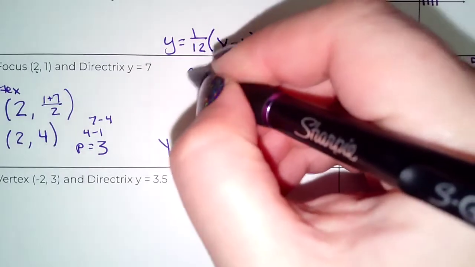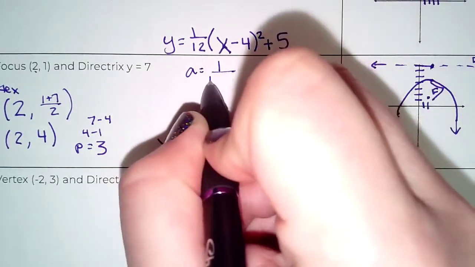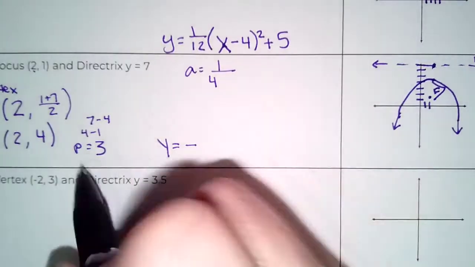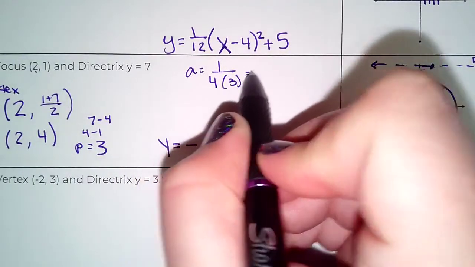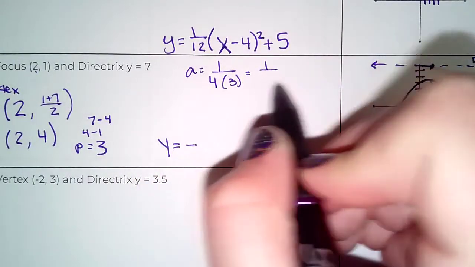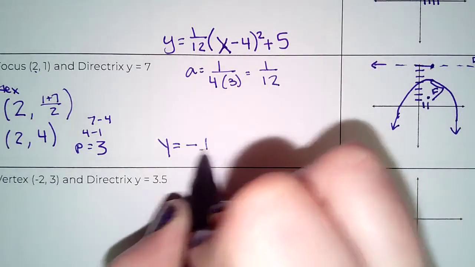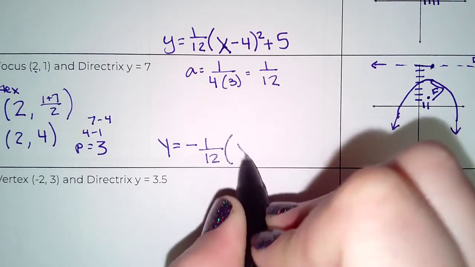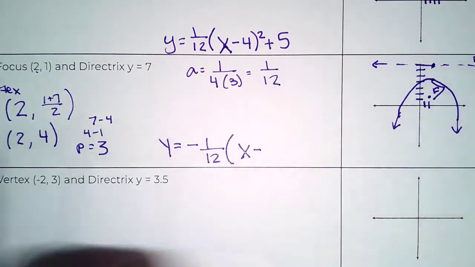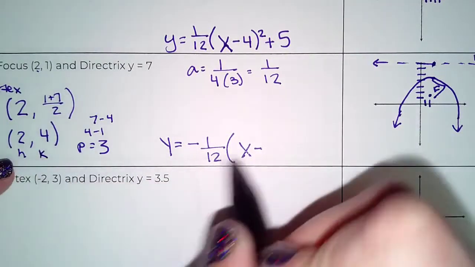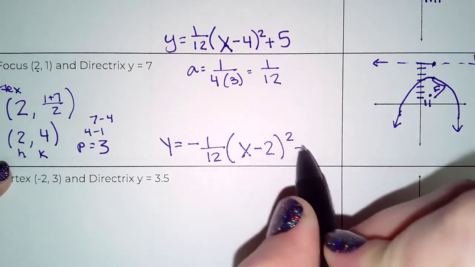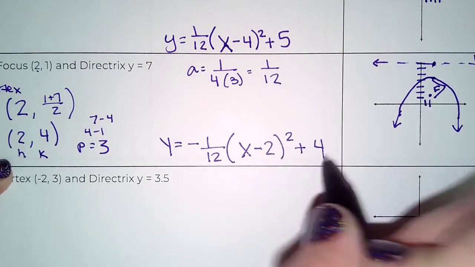Now let's find our a. a equals 1 over 4 times the period. The period is 3, so 1 over 12. So negative 1/12 times (x minus our h, which is 2) squared, plus our k, which is 4.